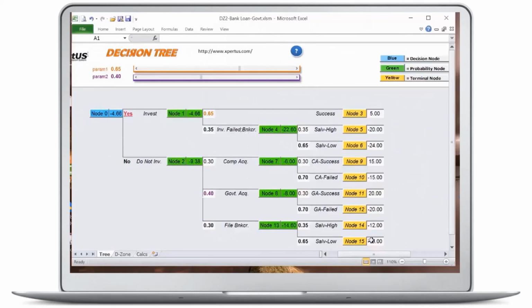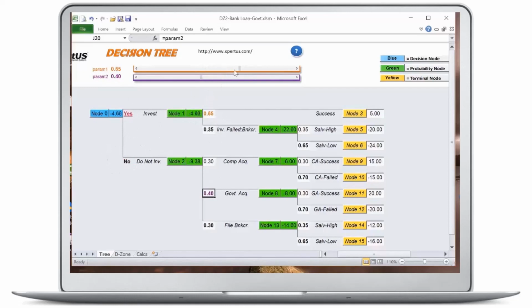Then I've also inserted the terminal values. So this is our decision tree for this scenario. And under this scenario of 0.65 and 0.4, it's an investment decision. Please note that this param 1 and param 2 are governed by the scroll bars. If I change the scroll bar, it becomes 55. You can see, if I go down, the decision changes.